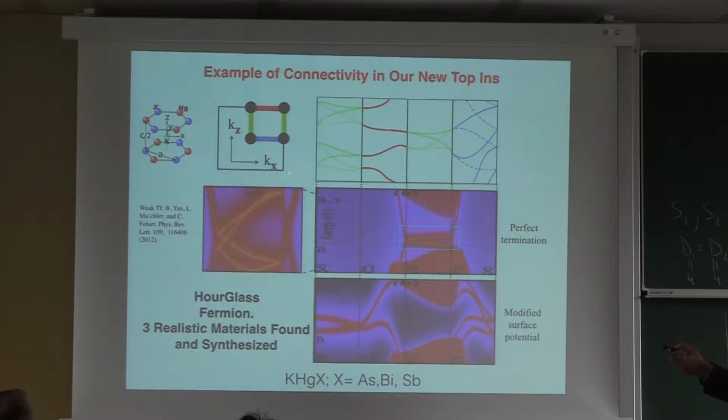So if I just look at these points, I just have twofold degeneracies, and I would think that nothing different can happen from the usual case of the normal topological insulator of Kane and Mele. But if I look on the high symmetry line, and I'll show you why, I can immediately see that these twofold degeneracies have to be connected in a very weird way, which we're going to call hourglass from now on.